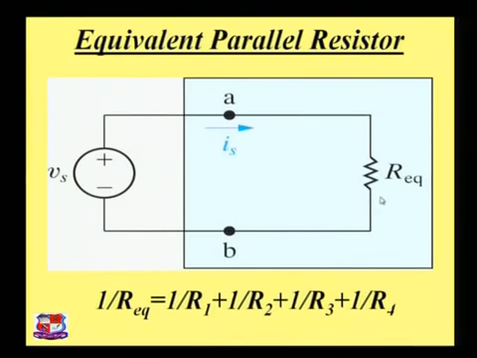To find R eq, the equation used is 1 upon R eq equals 1 by R1 plus 1 by R2 plus 1 by R3 plus 1 by R4. Or if we prefer n resistors, it goes up to 1 upon Rn. So this is also an important equation to find the resistance in parallel form.